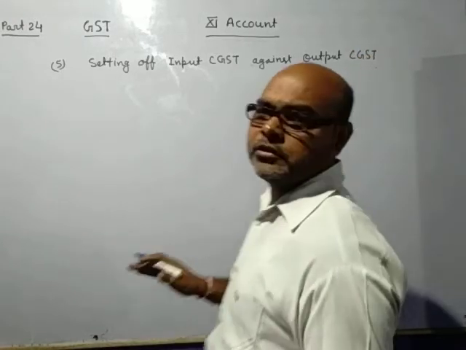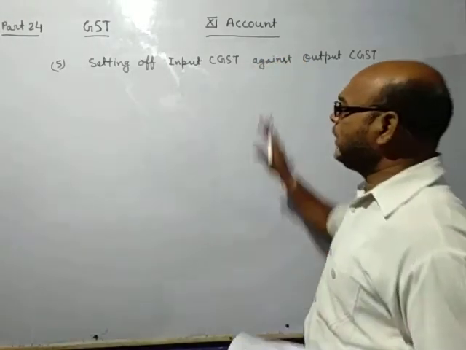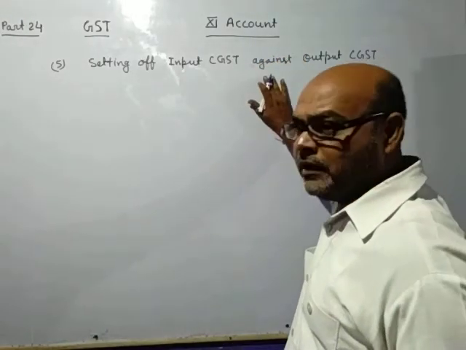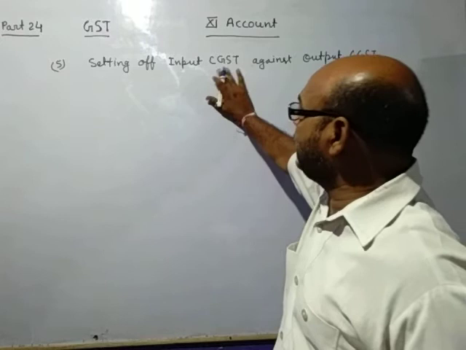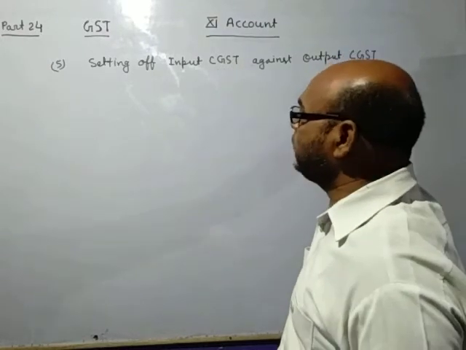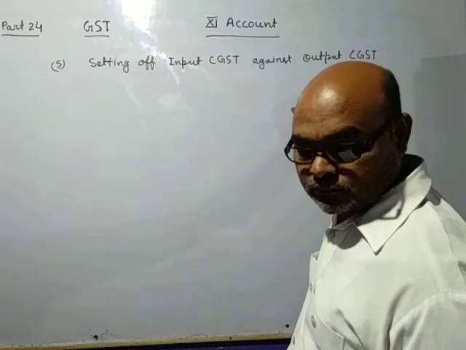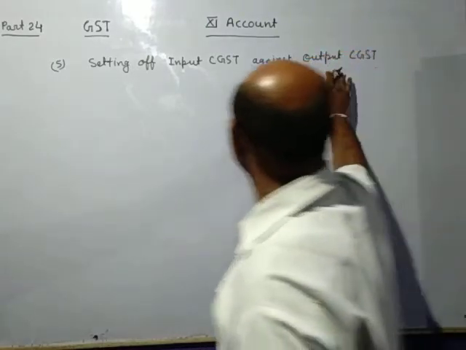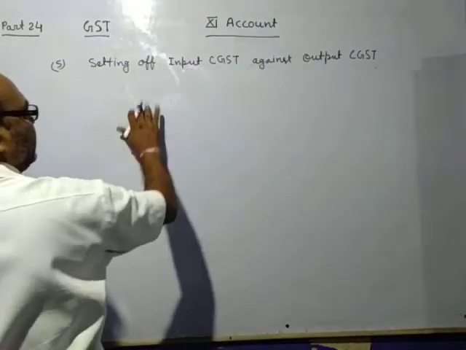So first, central government CGST, central government tax, you will make the adjustment. So output CGST account debit to input CGST.